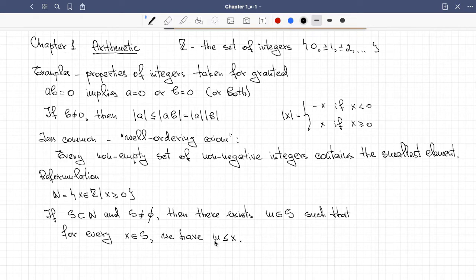M is the smallest element, so every non-empty set has a smallest element.